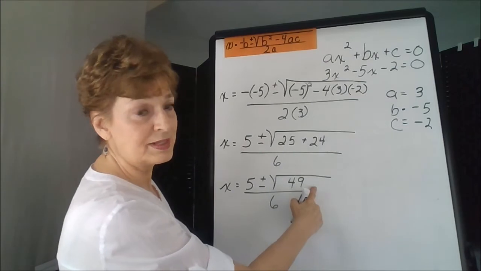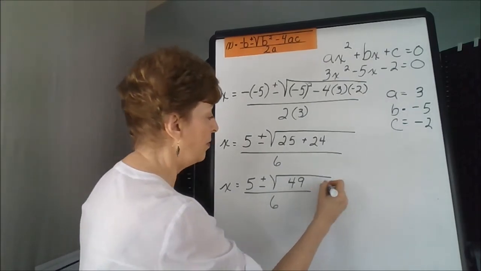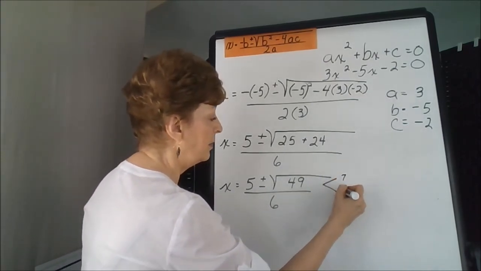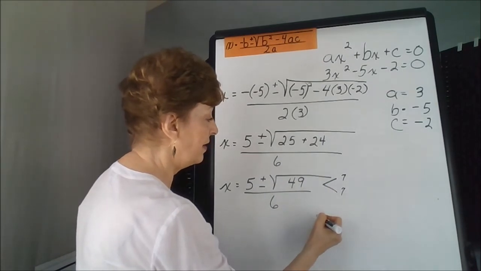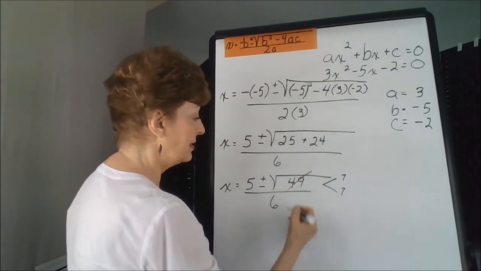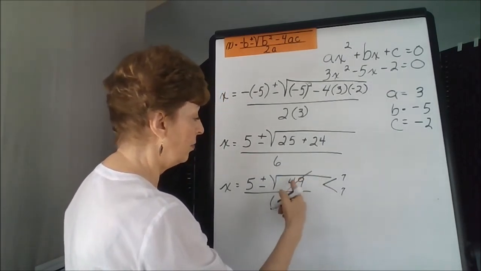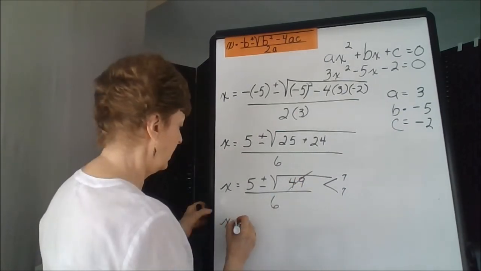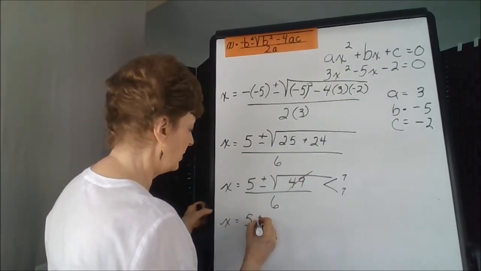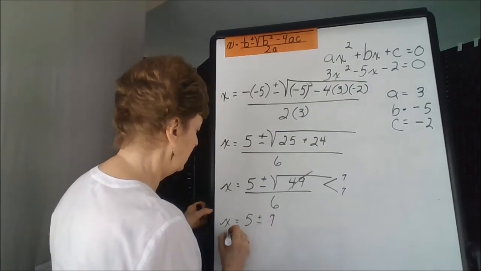That's a doubles number, so this one we already know right away. We can factor to 7 times 7, so this is going to take out our whole square root. x equals 5 plus or minus 7 divided by 6.